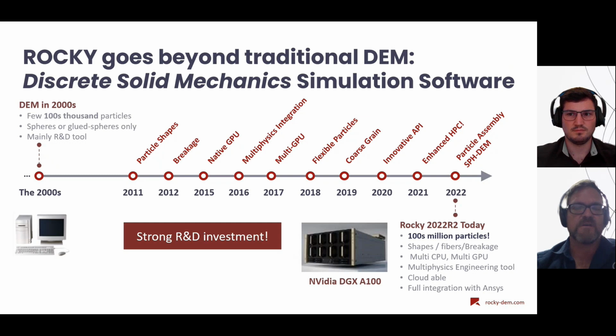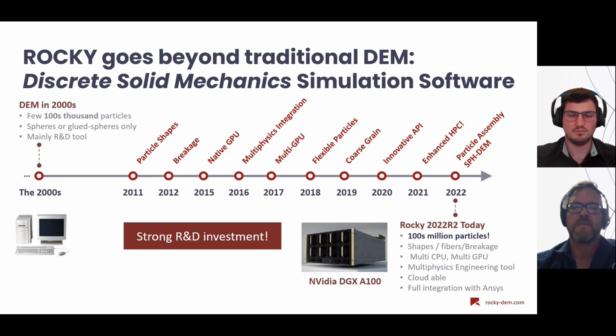Then in 2016, they worked a lot on multi-physics integration, both within Rocky as well as with tools like ANSYS CFD and FEA. In 2017, we saw multi-GPU, and then they started optimizing the solver for flexible particles and introduced some coarse grain modules to accommodate more particles in the simulation.